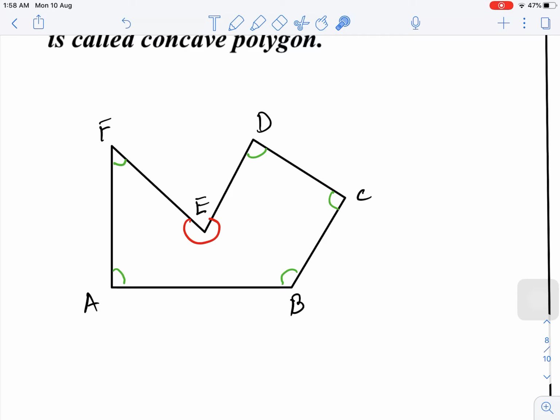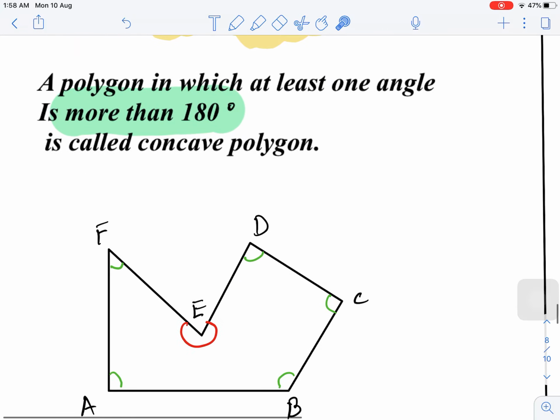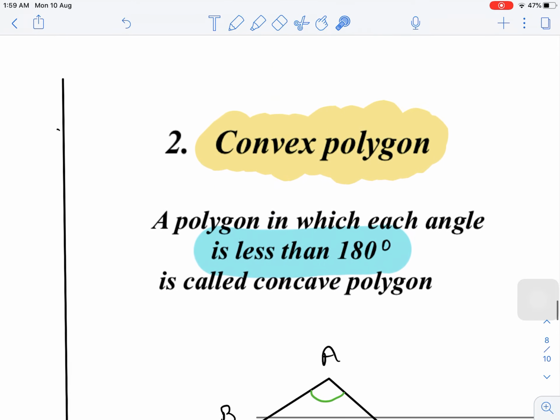So this figure has one angle with a measure more than 180, so it is known as a concave polygon. To make it clear, what is a concave polygon? A polygon in which at least one angle is more than 180 is known as a concave polygon. Now let us move towards the convex polygon.